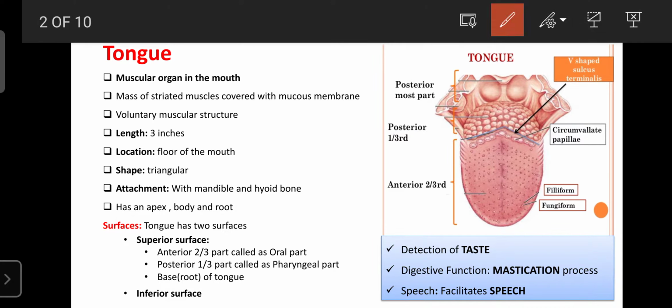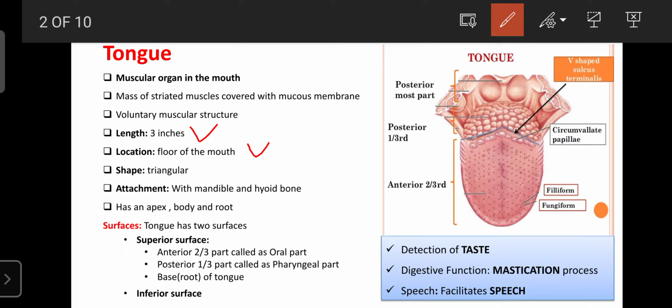Regarding the length, the tongue in an average healthy human being is 3 inches. Some people have more than 3 inches, but on average the length of the tongue is 3 inches. Regarding the location, it is present in the floor of the mouth, inside the mouth along with the teeth.